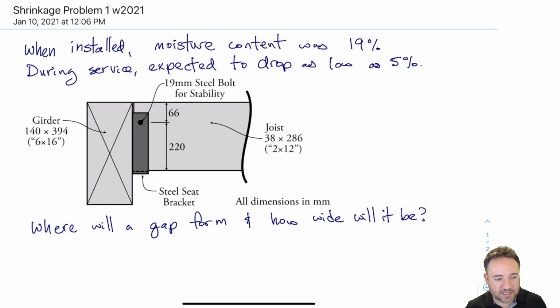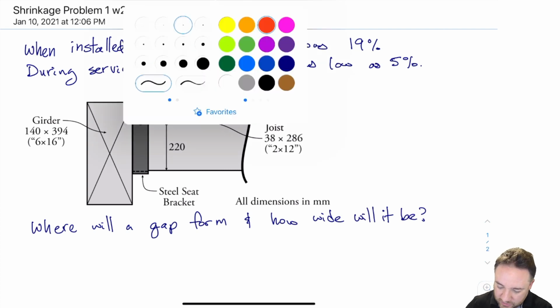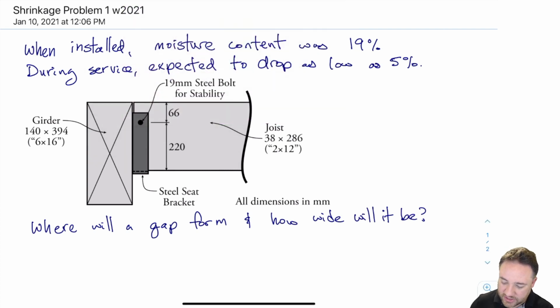So this is a bad design. We would really want the bolt to be down here if we could, because then only this dimension would be involved in the shrinkage. But that's not what we have.